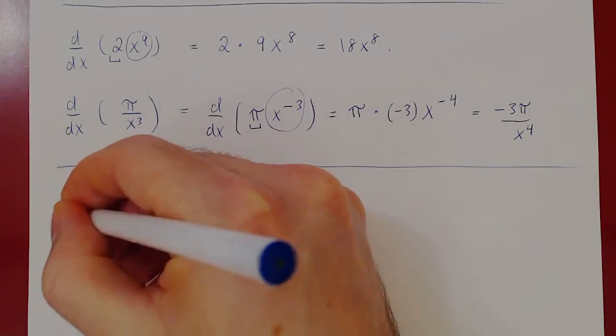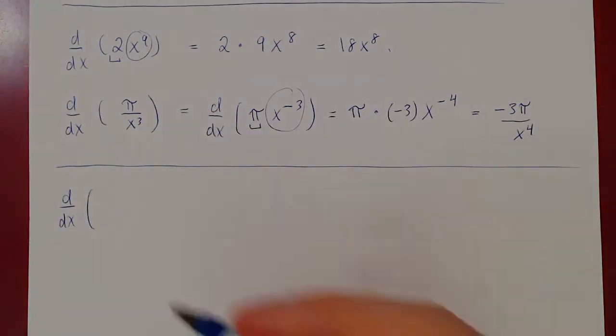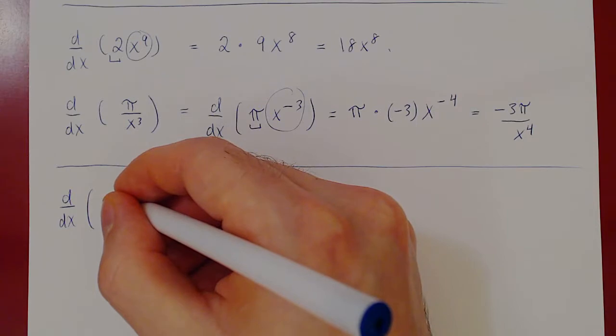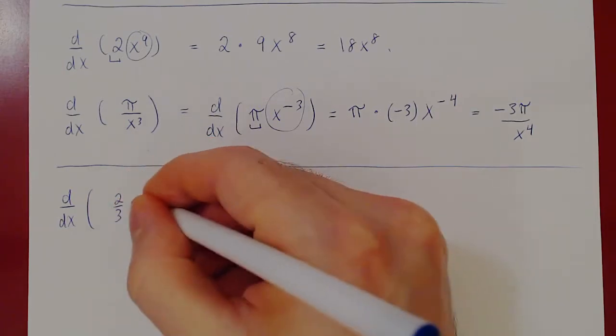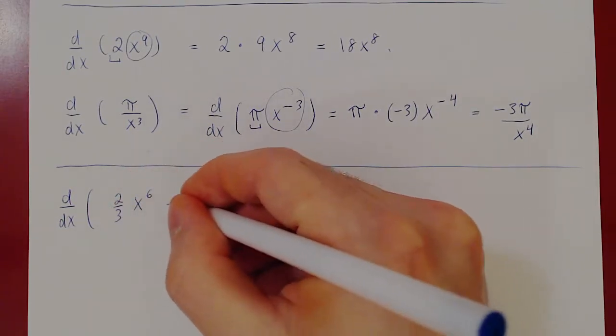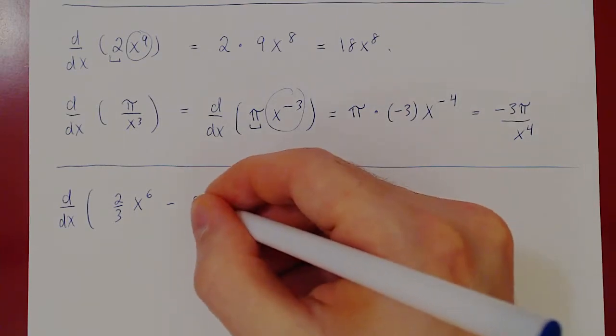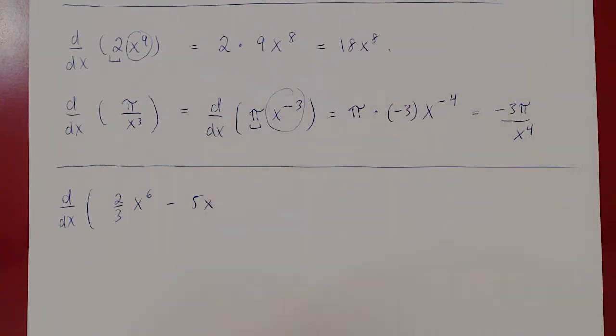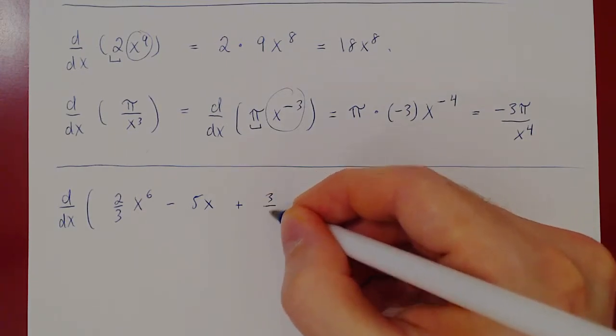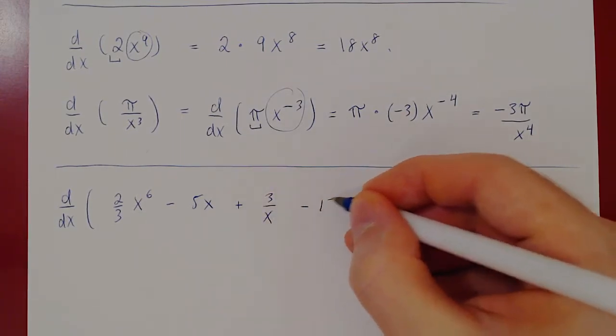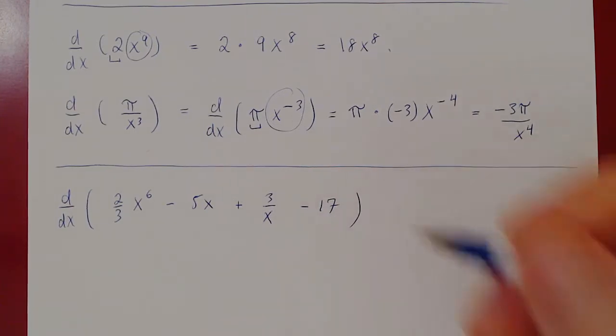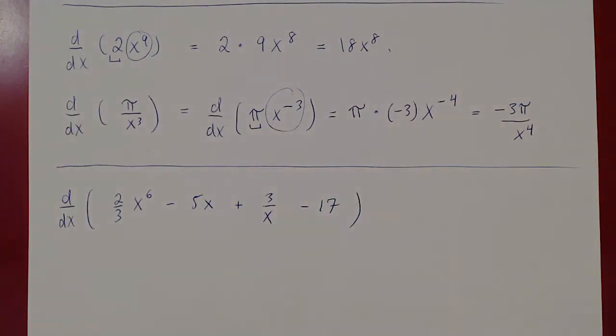So d over dx of, let's go with 2/3 x to the 6 minus 5x plus 3 over x minus 17. So now we ask for the derivative of a sum and difference of 4 functions.